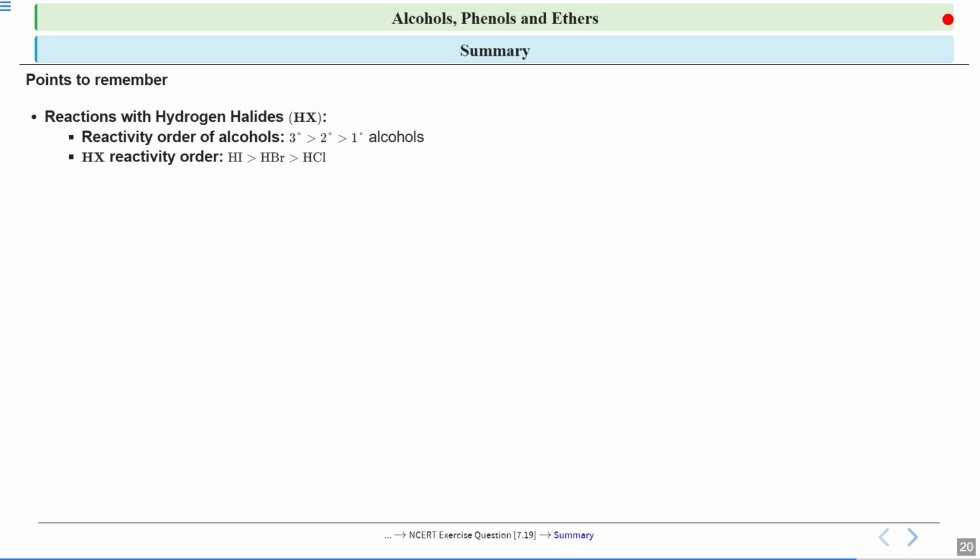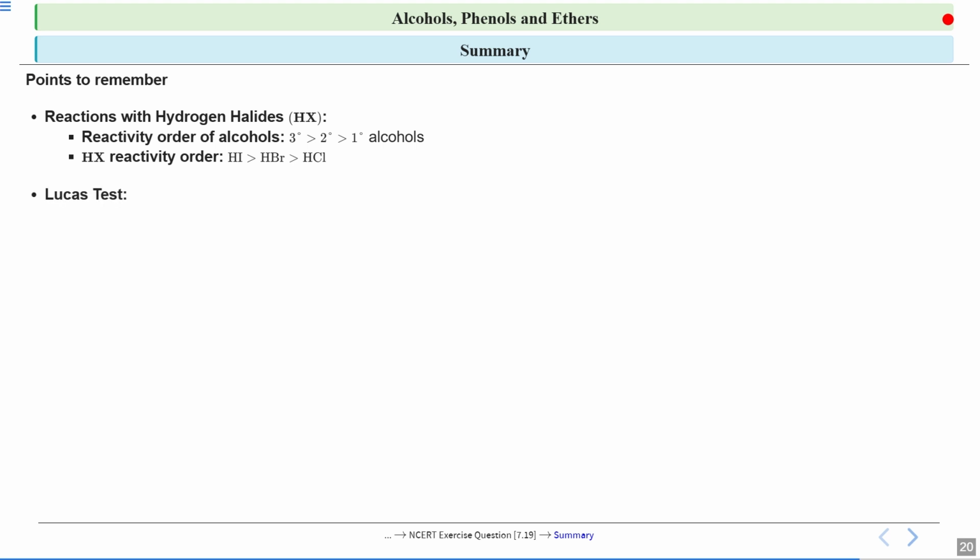So because the tertiary carbocation is more stable, the reactivity order of alcohol is tertiary, secondary and then primary. Next, for the HX reactivity order, iodine is highest. Why? Because of the large size of iodine, the hydrogen and iodine bond is weak. Because that bond is weak, the iodine can leave easily. Okay, so that is HI, then HBr and at last HCl.